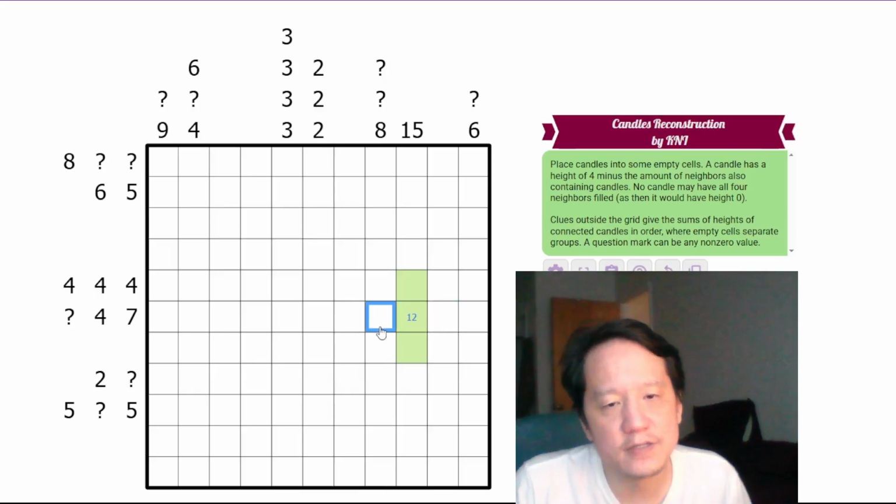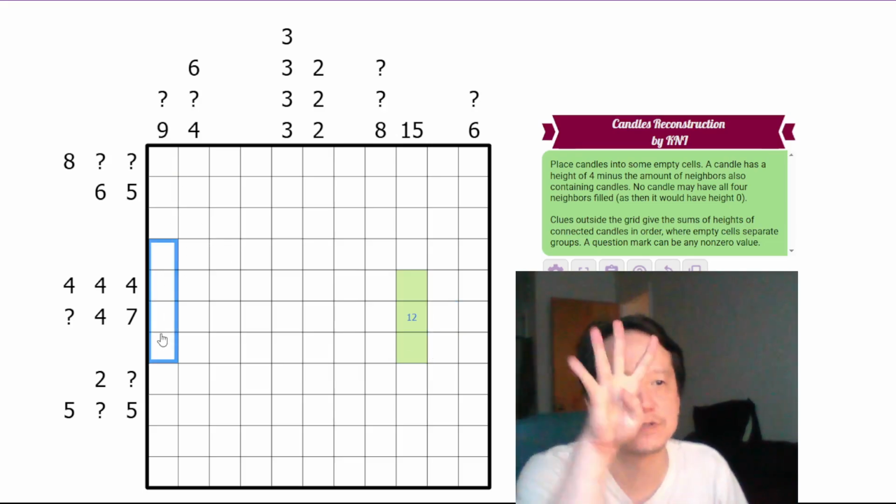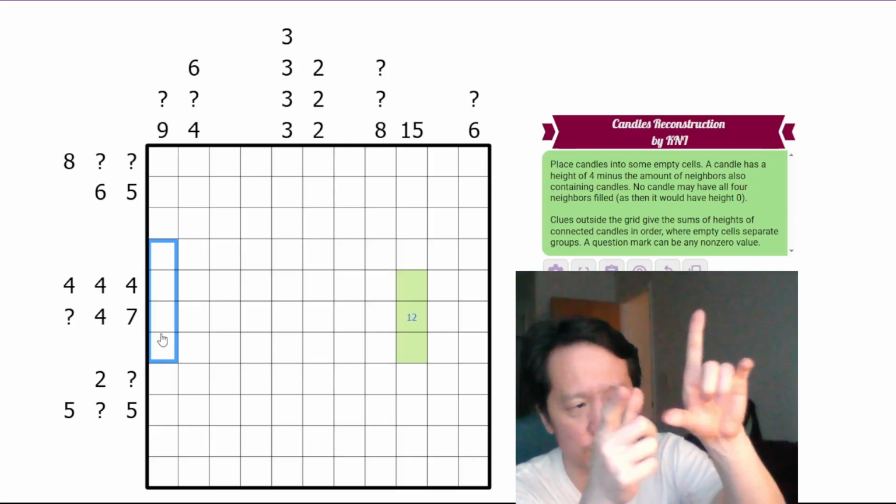One of these at least is unfilled. To have 8, okay, to have 9, it has to have 4 cells. 3 and 3 on the outside, 1 and 2 on the inside.